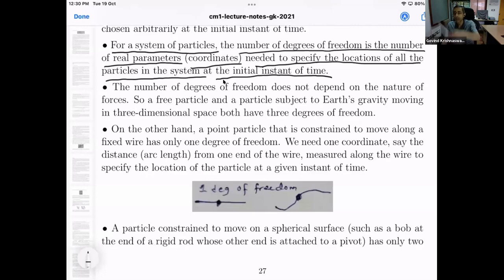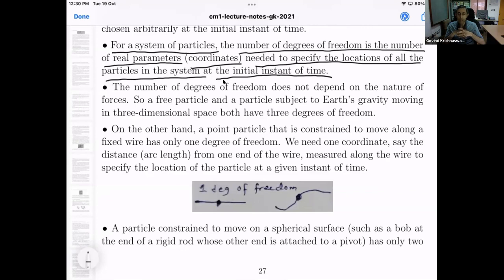Whether the particles in this pen are held together by electrostatic forces or some other force is not relevant to this. We are simply told that you are given this wire and asked to determine how many translational rotational degrees of freedom it has.